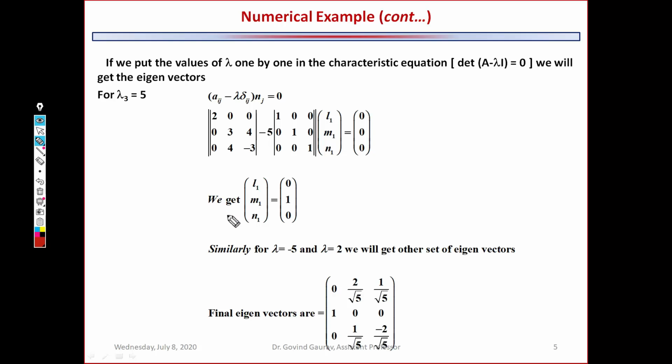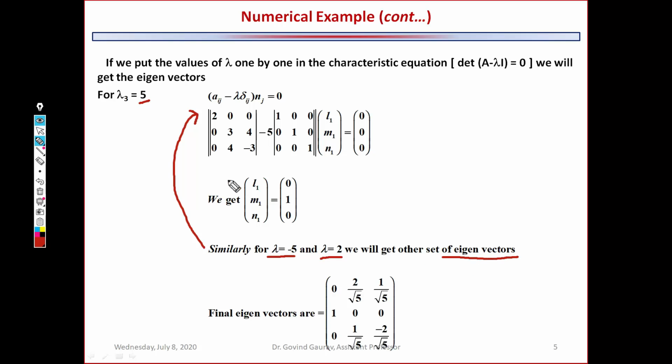How will we calculate the other sets of values corresponding to the other eigenvalues apart from lambda equal to 5? Similarly, we will put lambda equal to minus 5 and lambda equal to 2 one by one in this equation, and then we will get other sets of eigenvectors.